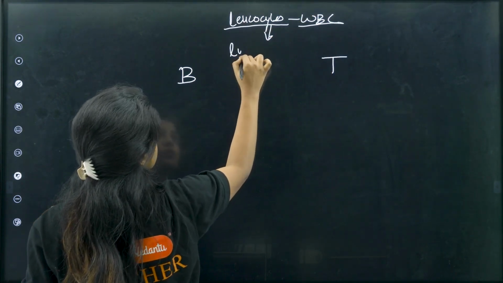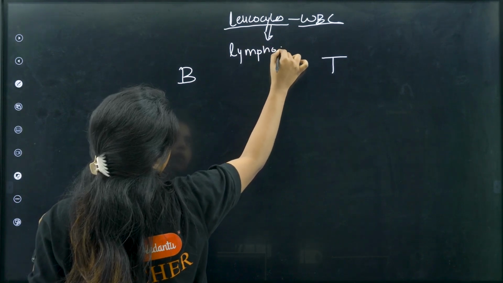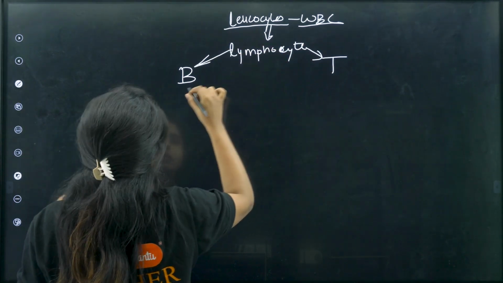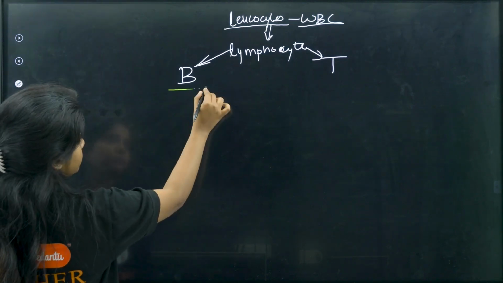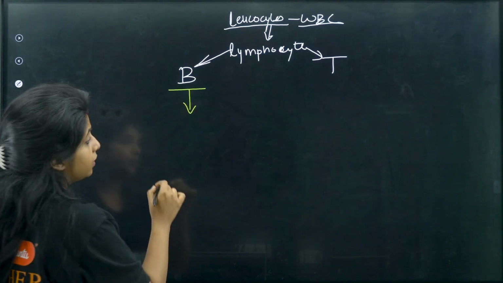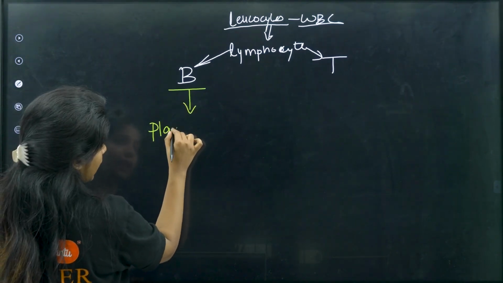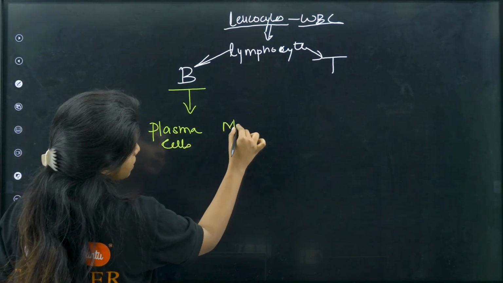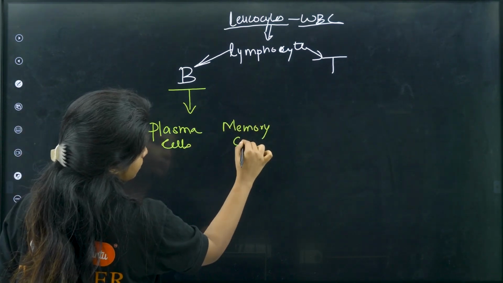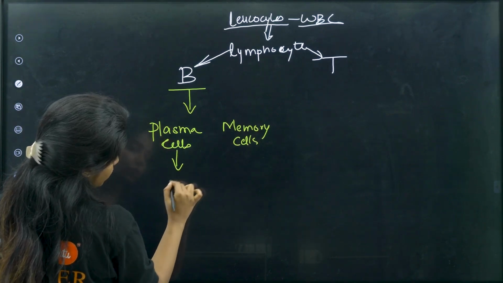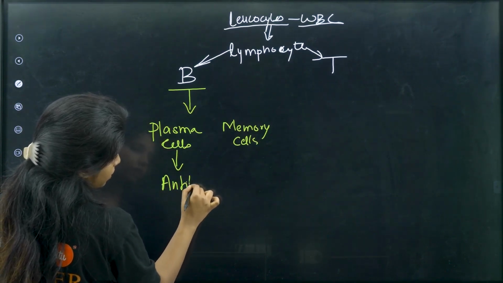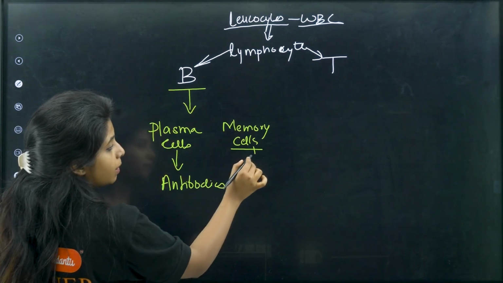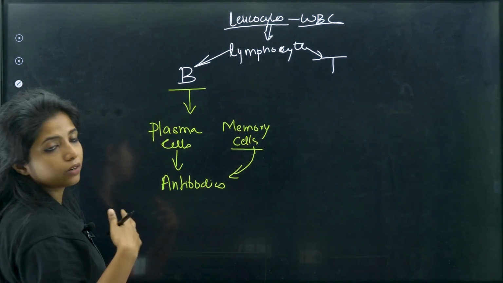One such type is the lymphocyte. In lymphocytes you have two categories, one is B, the other is T. Now, talking about B cells, when they get activated, they release either plasma cells or memory cells. The plasma cells are the ones that produce antibodies. The memory cells will remember that this thing has come, and next time the response will be really fast.